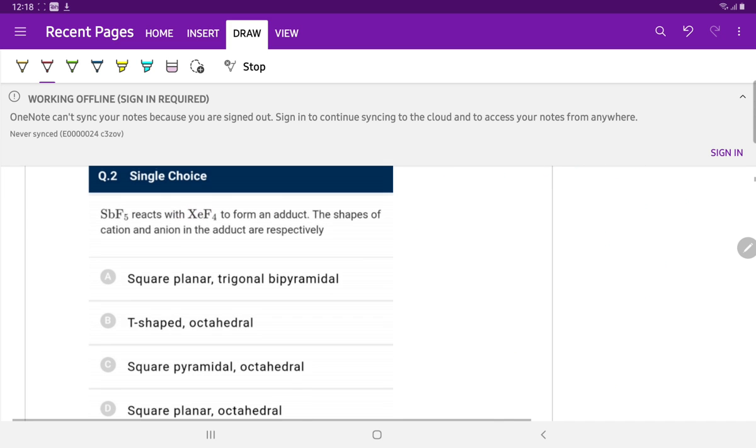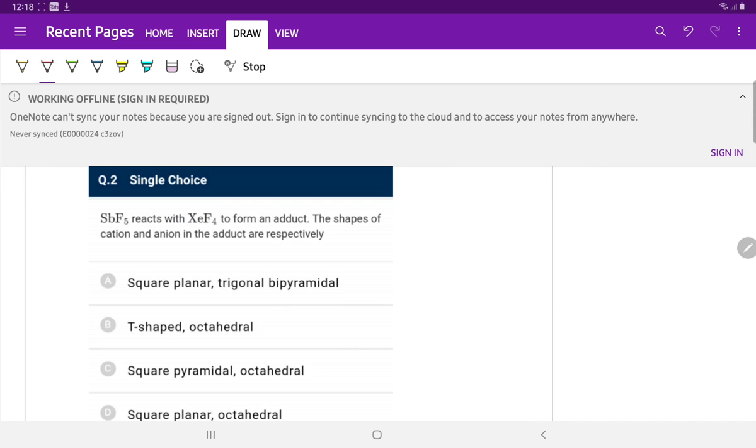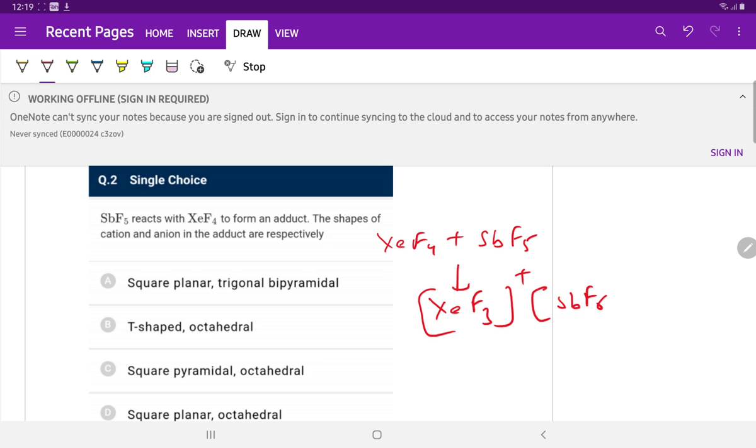Question number 2. SbF5 reacts with XeF4 to form an adduct. The shape of cation and anion in the adduct is respectively. When XeF4 reacts with SbF5, XeF3 plus and SbF6 minus will form.